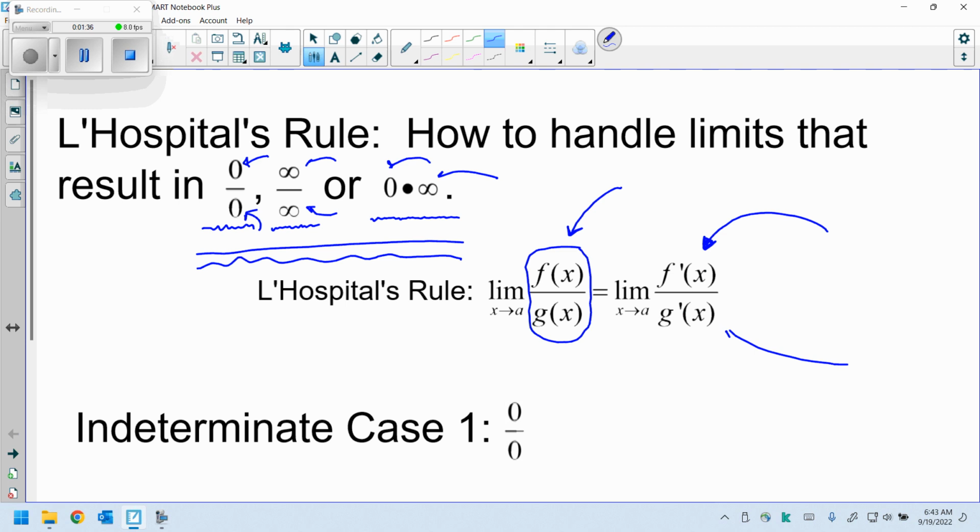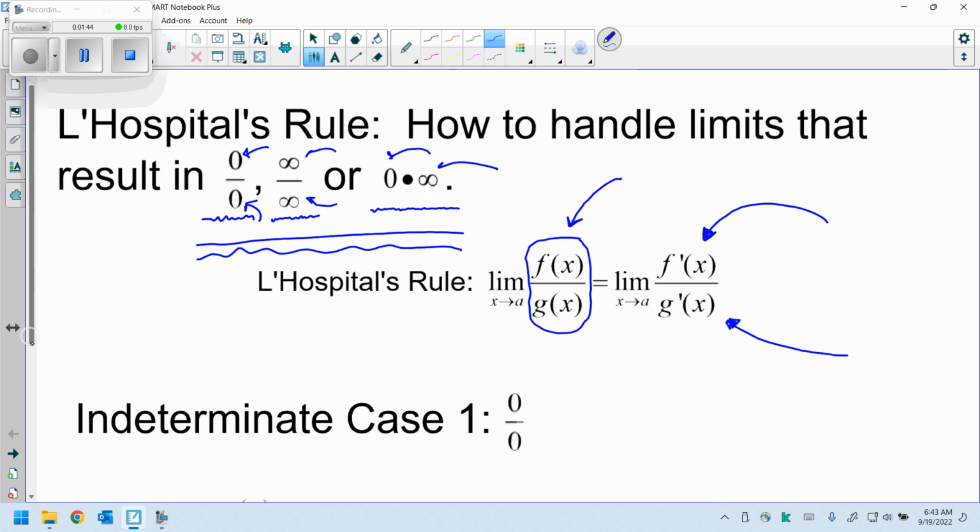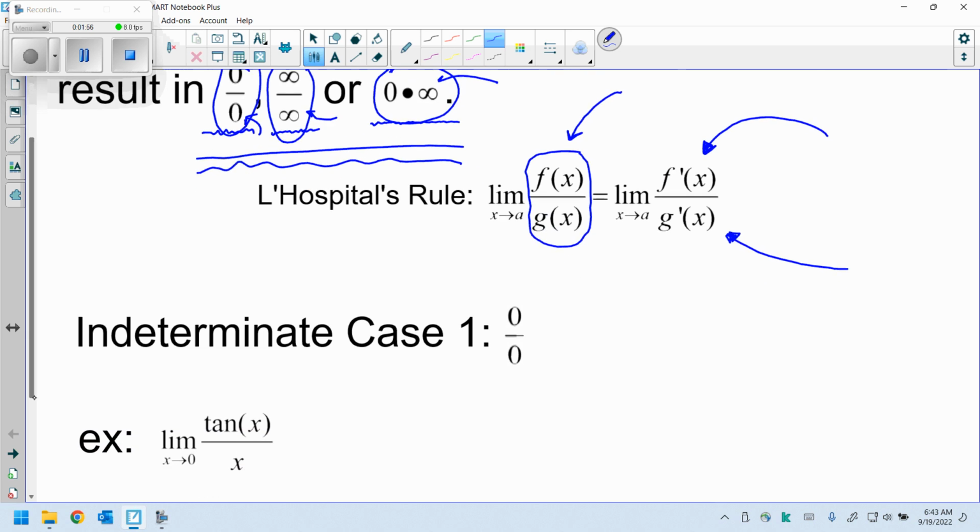We're not talking about a quotient rule here, but just derivative of the top divided by derivative of the bottom. And there are three indeterminate cases, as we've mentioned up here: 0 over 0, infinity over infinity, 0 times infinity. And let's treat each one of those individually.